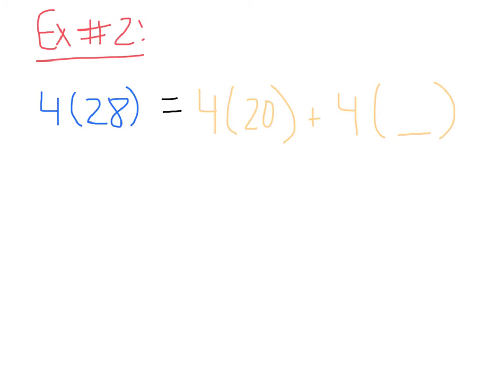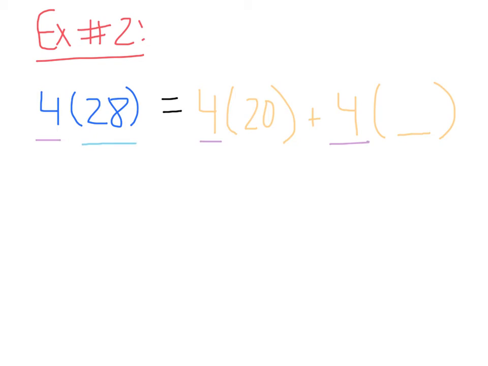Example number 2. So here is another way that we're kind of breaking it down. So we have 4 as our number on the outside, and then inside the parentheses we have 28, and that's the number that we want to break down.